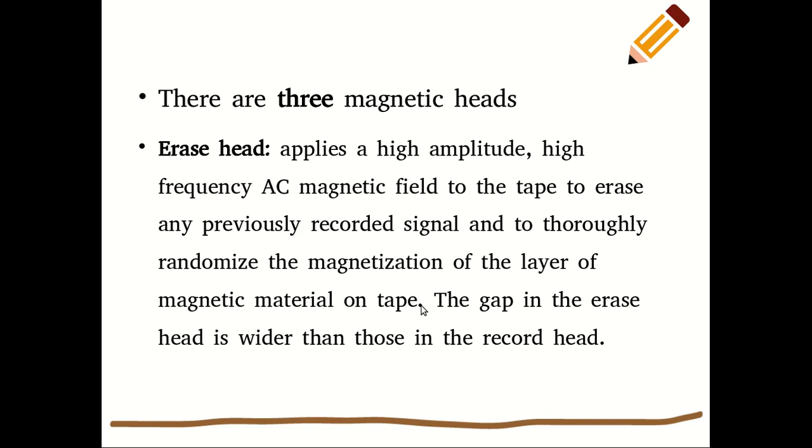The gap in the erase head is quite wider as compared to the remaining two heads, just to increase the time for which the tape remains in this erase head. So the main function of the erase head is to erase the previously recorded signals on the recording tape.